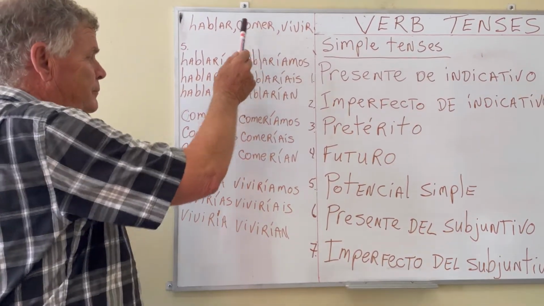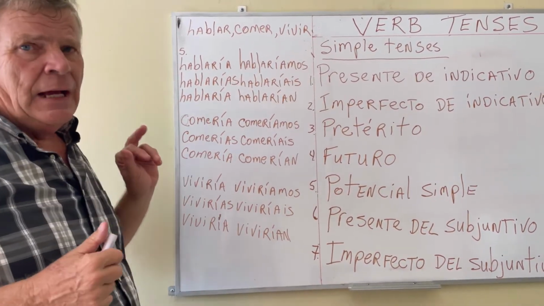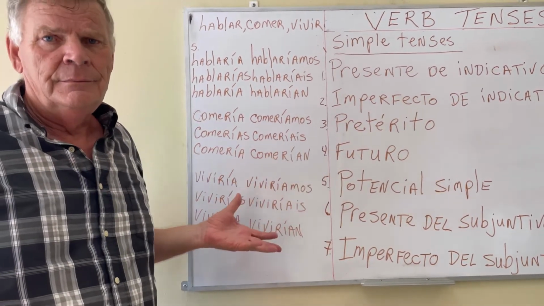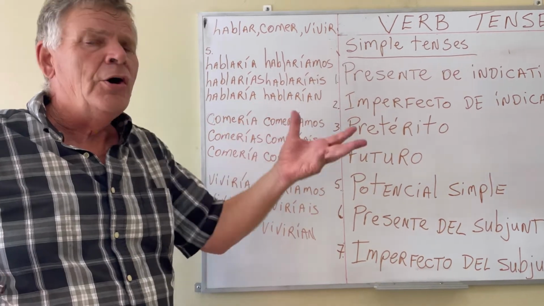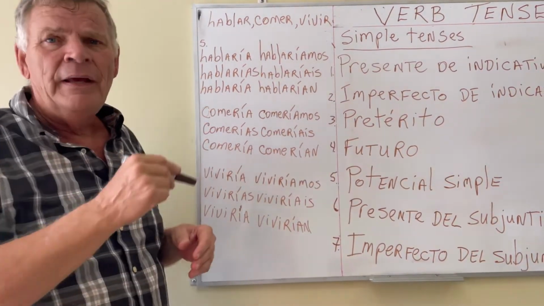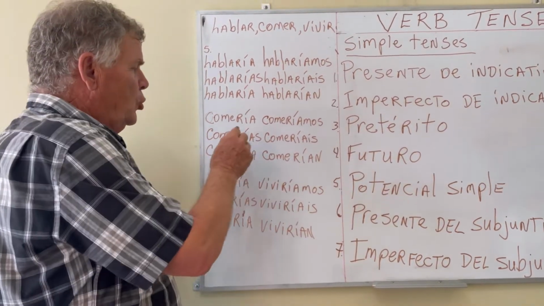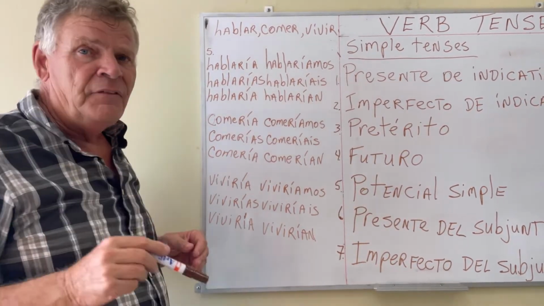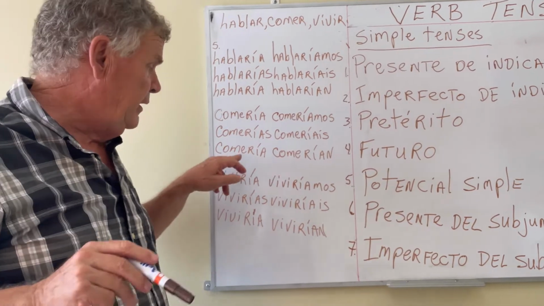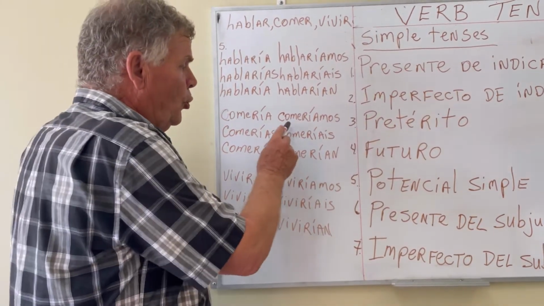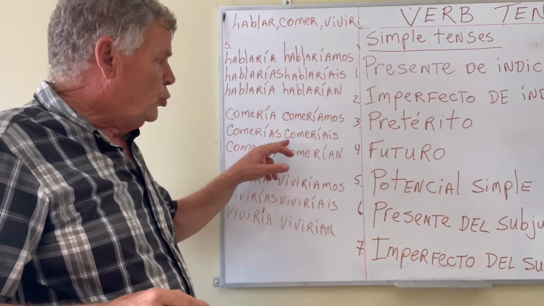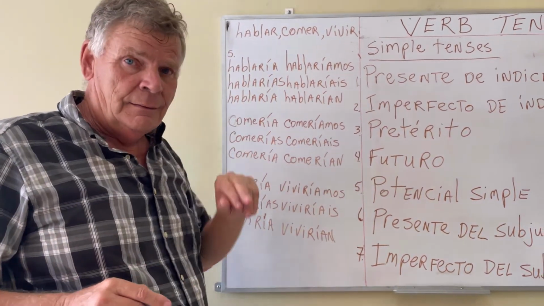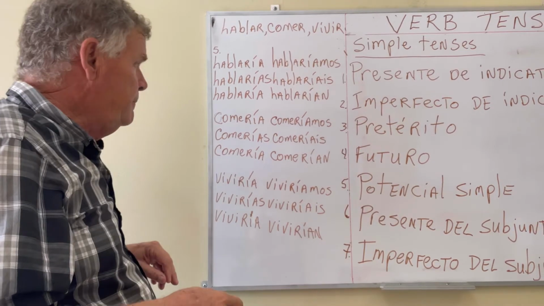For comer, comería. It's like saying, I would eat. Okay, like if I were hungry, comería, I would eat. Comería, comerías, comería. If he were hungry, he would eat. Comería. Comeríamos, comeríais, comerían. They would eat. Okay?